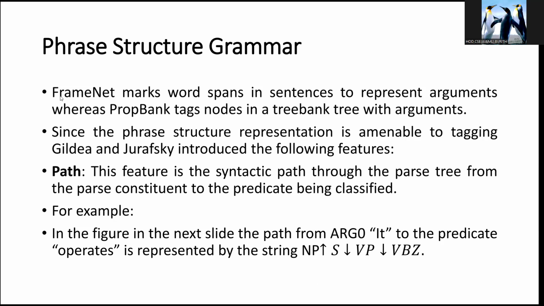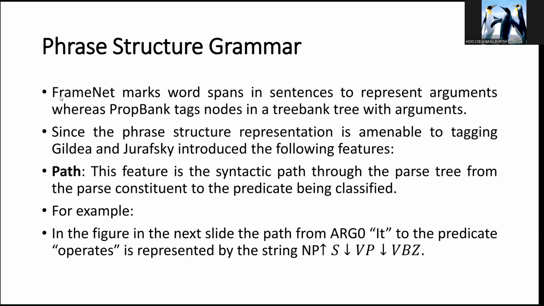And this phrase structure representation is actually like tagging. Whenever I am checking with the phrase structure grammar, I will take one word of a sentence at a time and check what is the type of the word and what is the classification of the word. For that, we will use either PropBank or FrameNet.